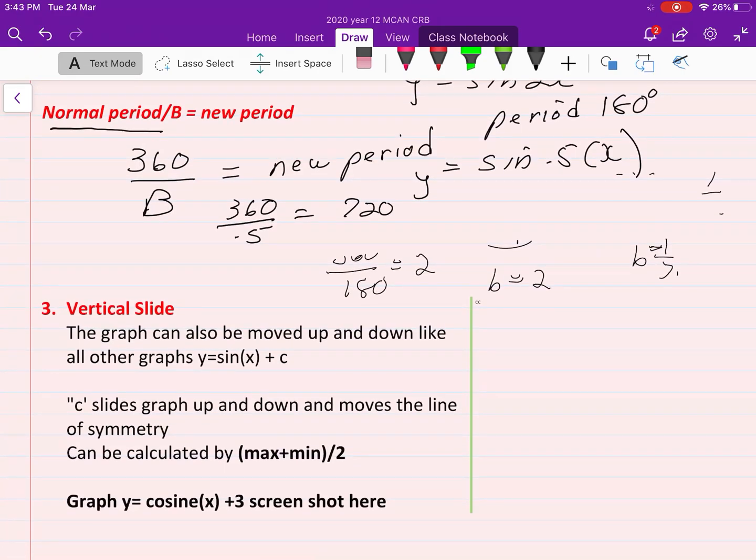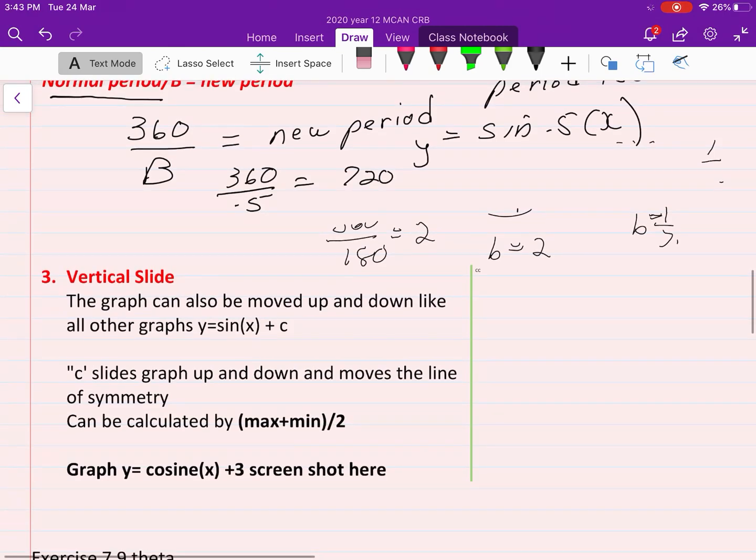Now we'll do the vertical slide just to finish this up. Whether the graph goes up or down is determined by c, and that's just a shift up and down. So c slides the graph up and down and moves the line of symmetry. Again, this seems quite similar to some of the things we did when we were dealing with exponential graphs.